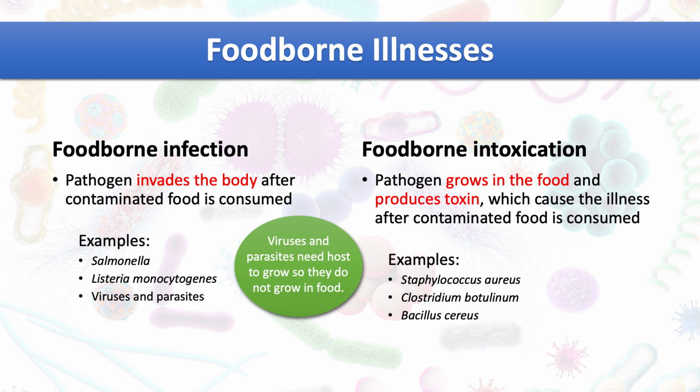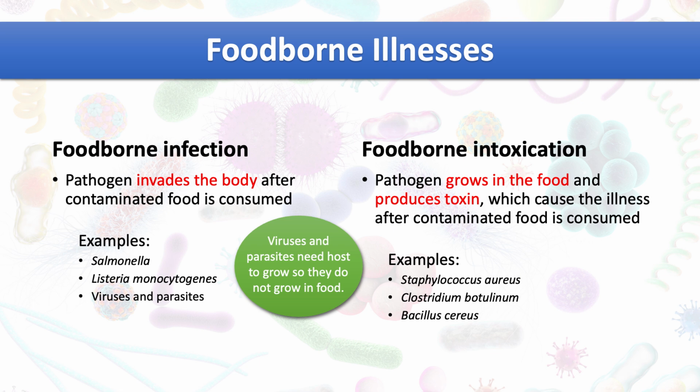Based on how foodborne pathogens cause illnesses, they can be put into two categories: foodborne infection and foodborne intoxication. For foodborne infection, a pathogen invades the body after contaminated food is consumed. In this case, the pathogen is in the food and someone eats the food.